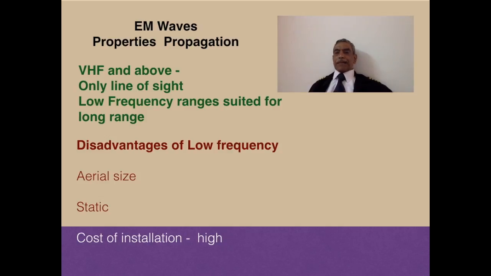And of course, it picks up static noise over long distance travel. And of course, the cost of installation is high. So its utility is not much. It is slowly getting limited because of its disadvantages.